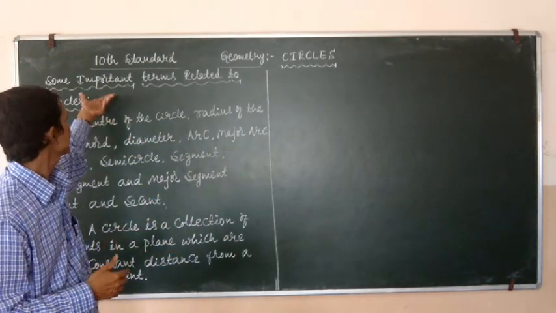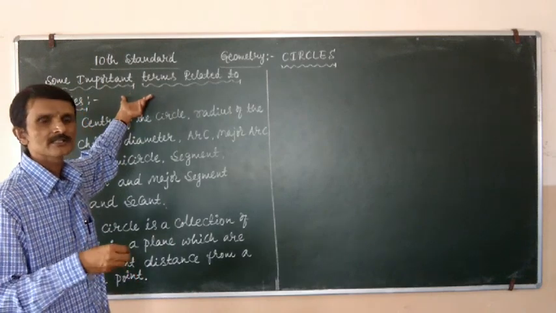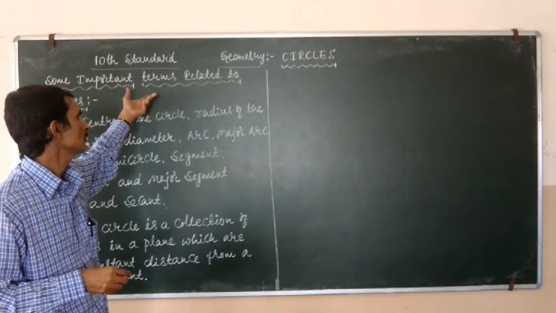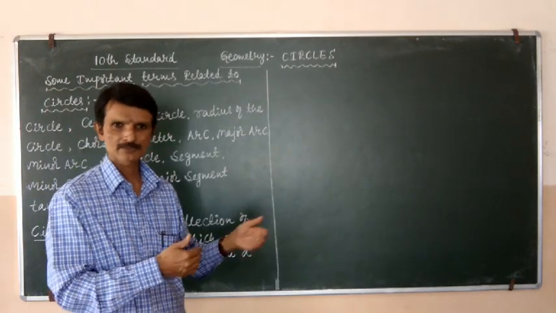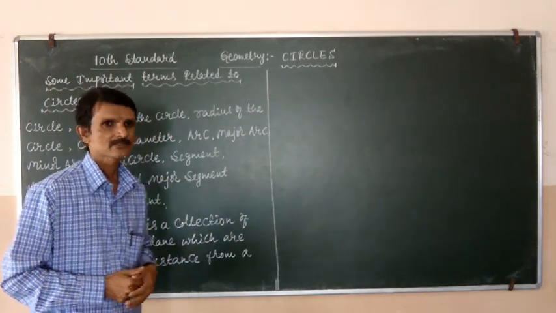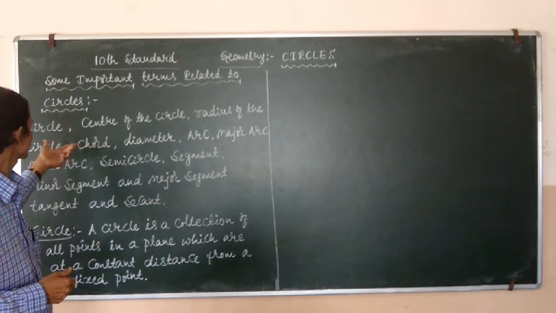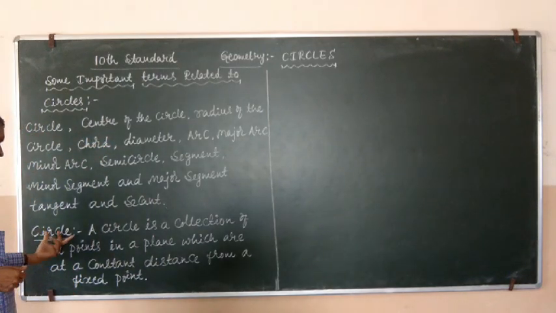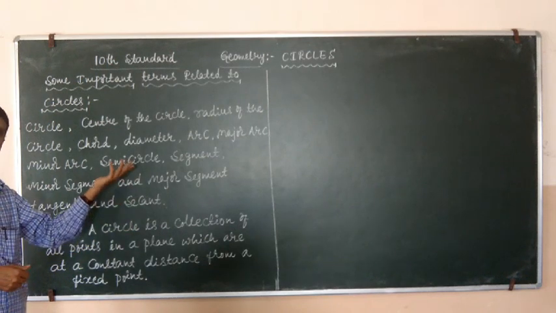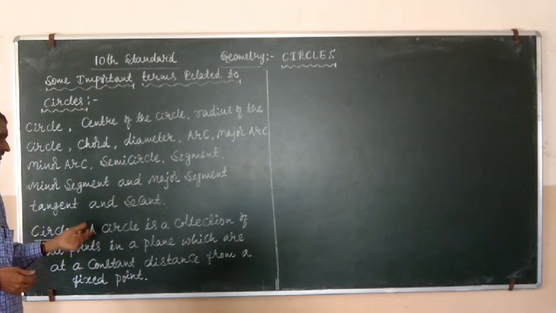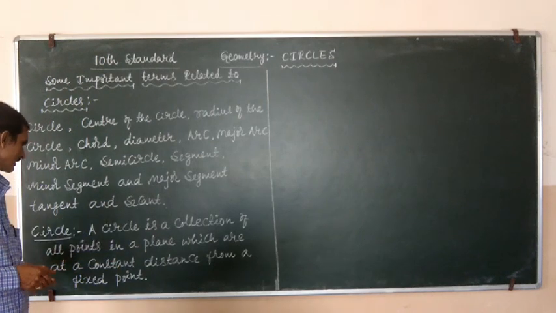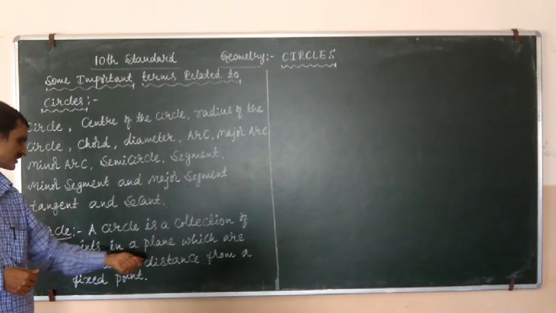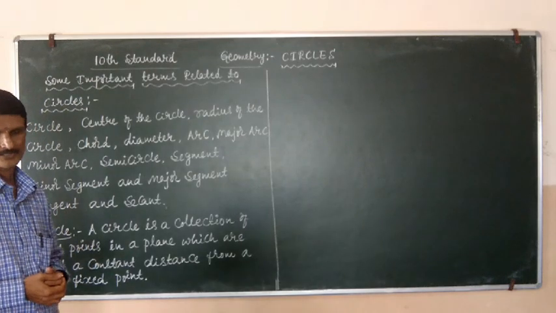So these are the important terms which we have to know to simplify the problems and to prove the circle theorems. First one is the definition of the circle. A circle is a collection of all points in a plane which are at a constant distance from a fixed point.